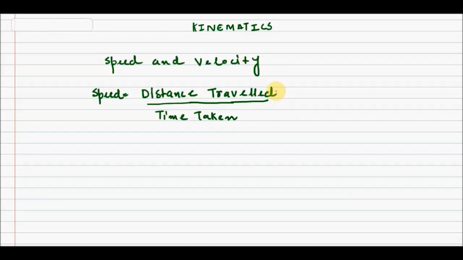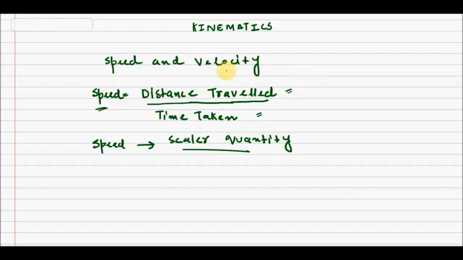As you can see, since distance traveled is a scalar quantity, and time taken is also a scalar quantity, speed also has to be a scalar quantity. So speed is nothing but a scalar quantity. What does speed actually give us? It simply gives us the magnitude of how fast we are moving.